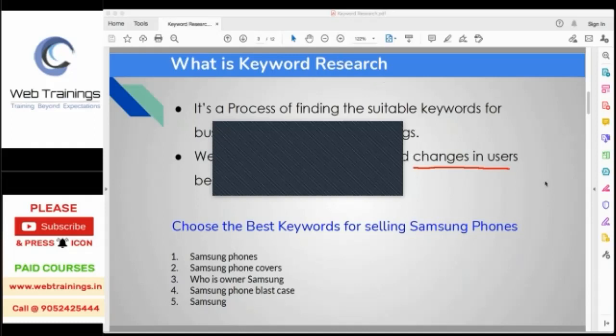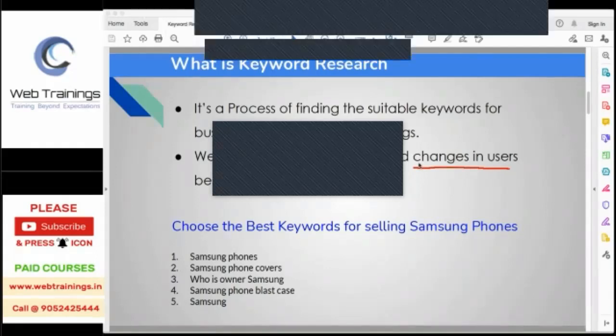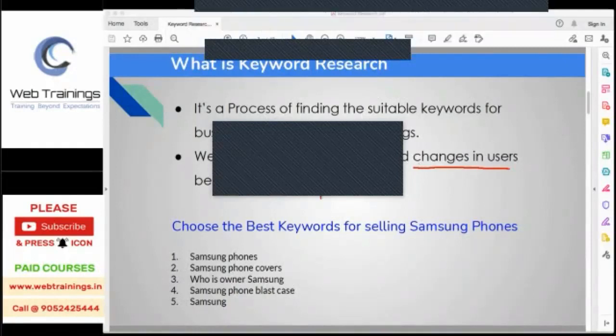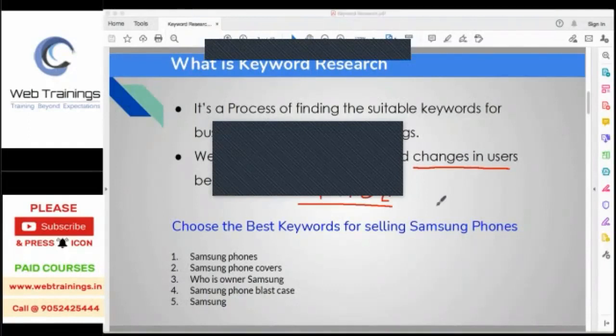You may say that five years back my query would be blue jeans, correct? But today, can I say that one of the queries will be ripped jeans? Are people really fond of ripped jeans today in the market? So if I'm an e-commerce website, can I actually target the ripped jeans keyword to sell to a lot of people? The answer is yes, because when we talk about change in user behavior, it changes as per the market.